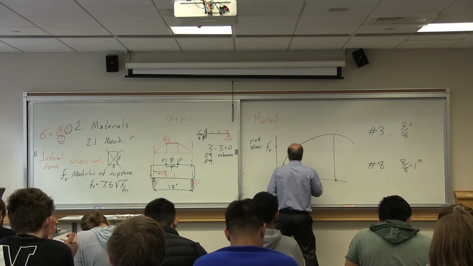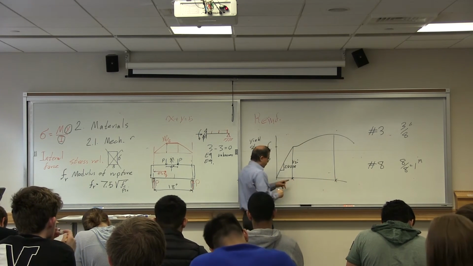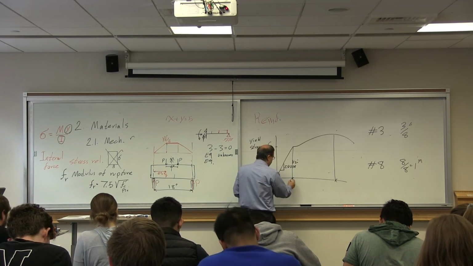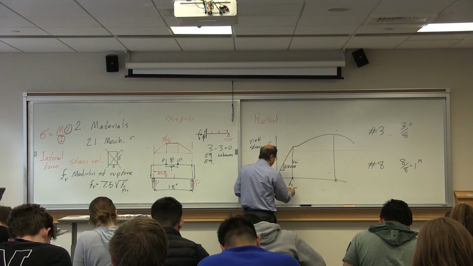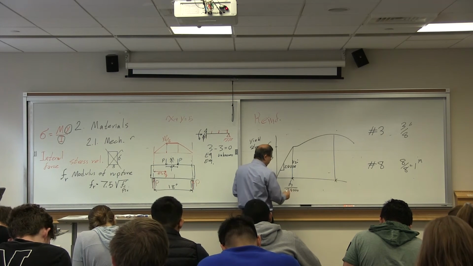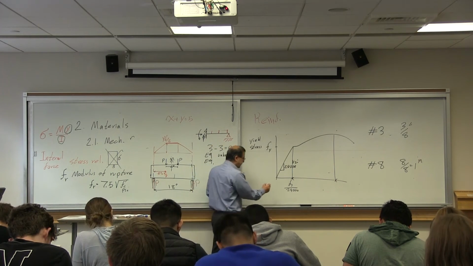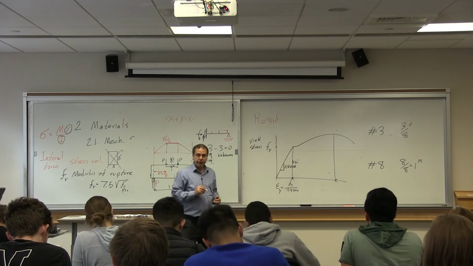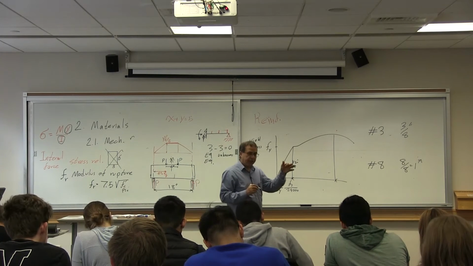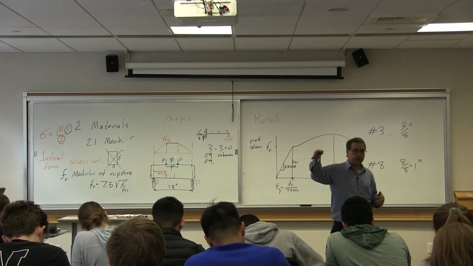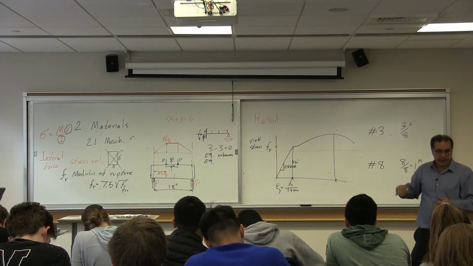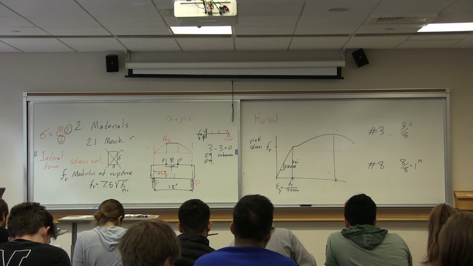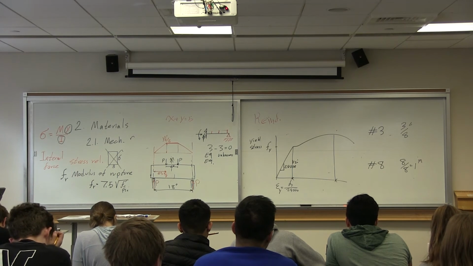The strain at which F yield happens is Fy divided by 29,000. That is called epsilon yield. Concrete does not yield. We don't say for concrete that the strain that we showed was yielding. Steel rebars do yield.